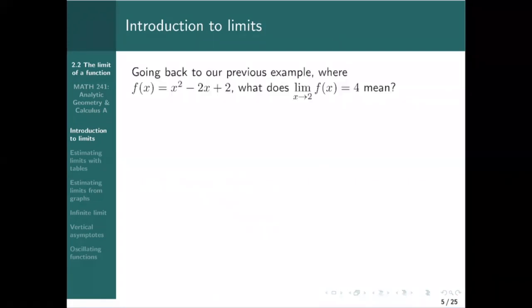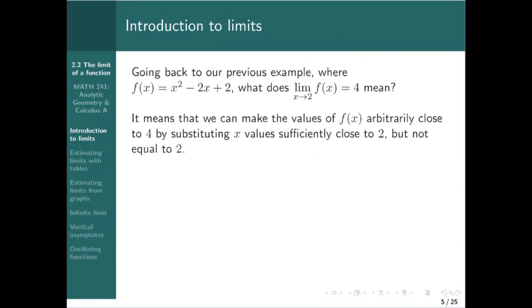Going back to our previous example where the function f of x was defined by x squared minus 2x plus 2, what does it mean to say that the limit of f of x as x goes to 2 is equal to 4? Based on our intuitive definition of a limit, it means that we can make the values of f of x as close to 4 as we want by taking x values sufficiently close to 2, but not equal to 2.